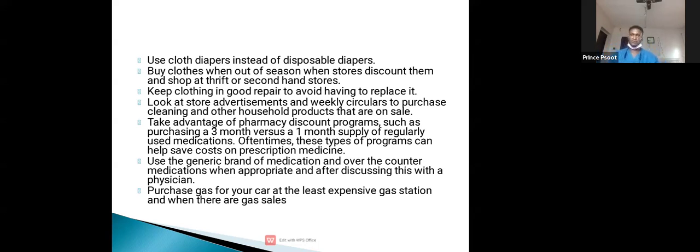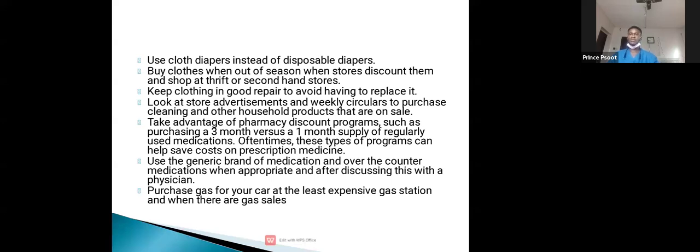You can take advantage of pharmacy discount programs such as purchasing a 3 month versus a 1 month supply of regularly used medications. And over time, these types of programs can help to save cost on prescription medicine.